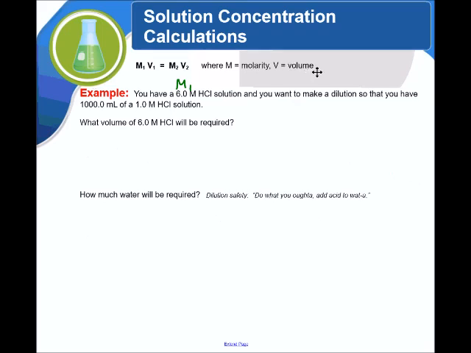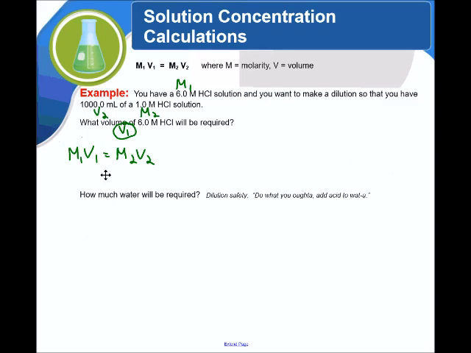You want to make a dilution so that you have 1,000 milliliters. There's V2, so that's going to be the new dilution. That's what we're hoping for. And M2 would be 1 molar, so that's the new molarity. So we know that these are the goal. We need to know what volume of that original hydrochloric acid would be required. So we're looking for V1.